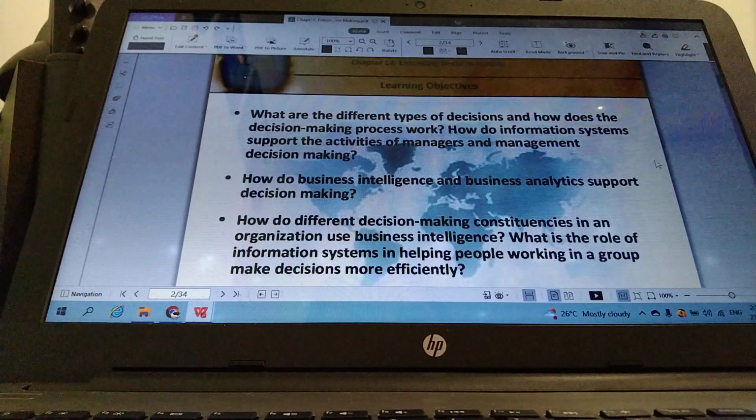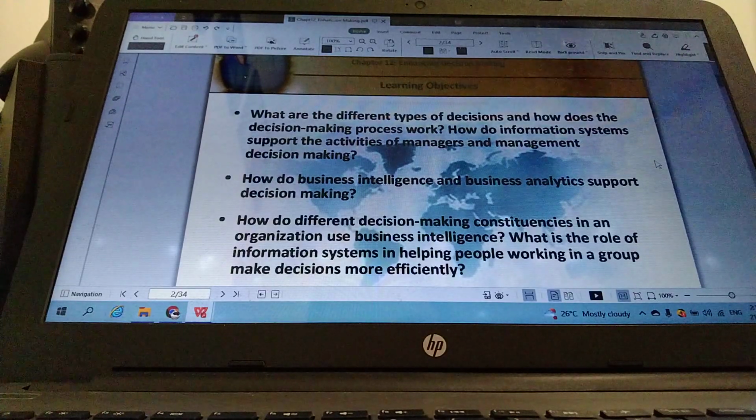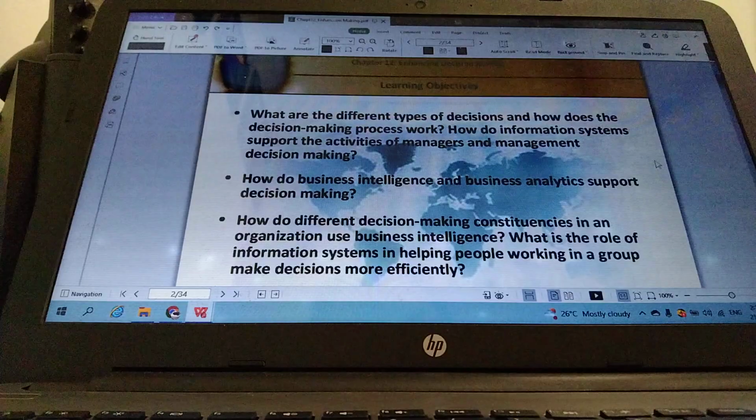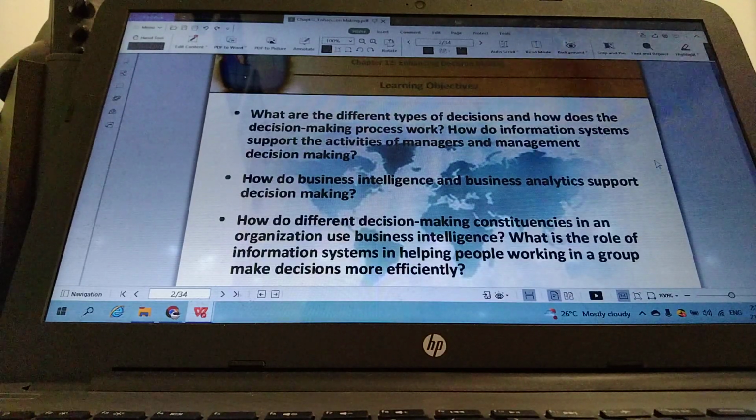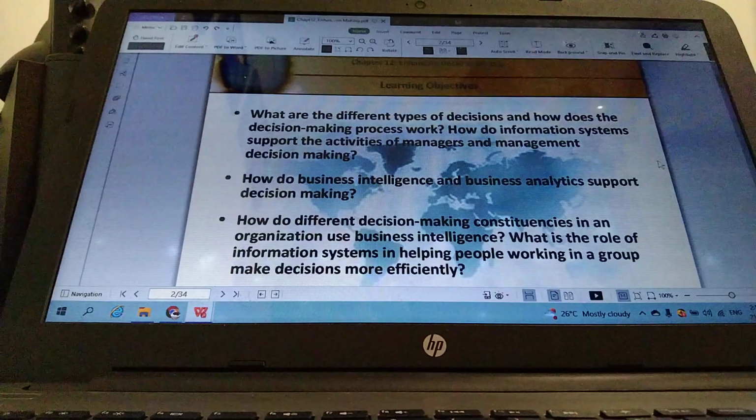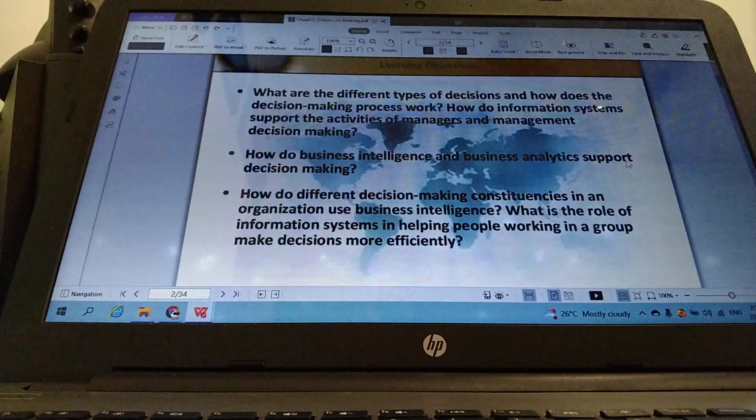Moving on, we're going to look at how business intelligence, or in short form BI, and business analytics, BA, support decision making. So these are the two main areas that everyone is talking about today, business intelligence and business analytics, and how these two main areas are critical in supporting your process of decision making.